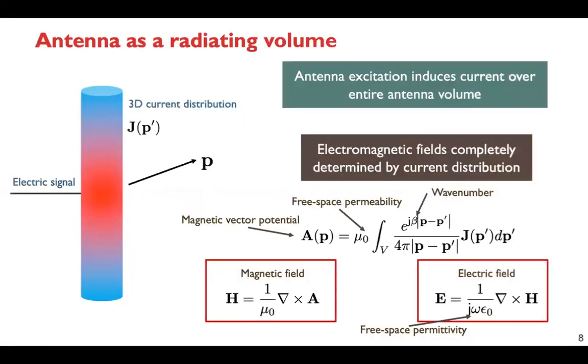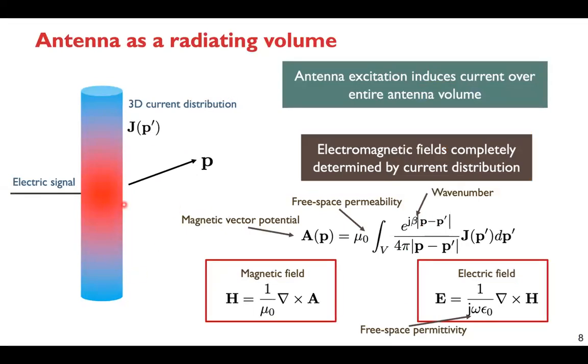The way we do that is we look at the electromagnetic characterization of an antenna and try to incorporate this into an array processing framework. So in terms of electromagnetics, the radiation or the description of an antenna is fully characterized by its current distribution. When we excite an antenna, it induces a 3D current distribution along that antenna element.